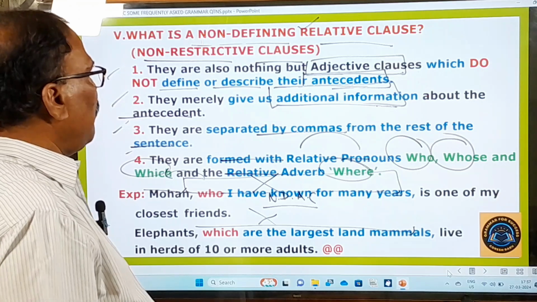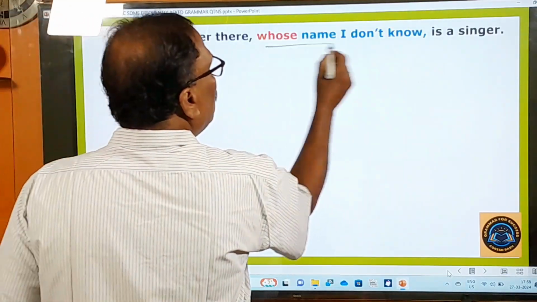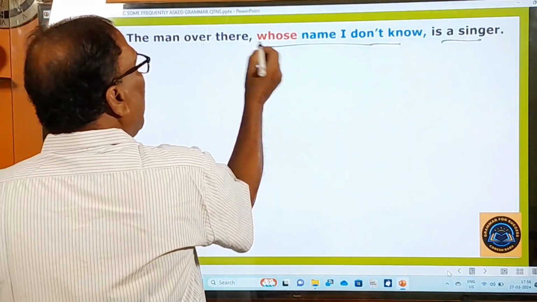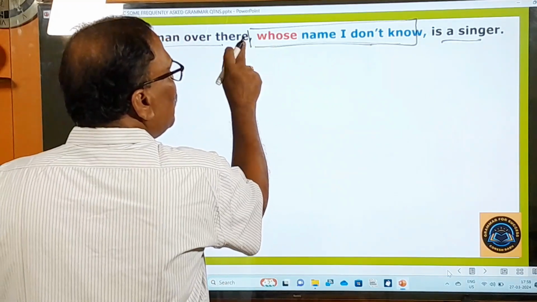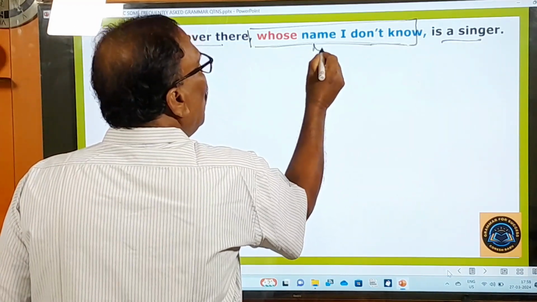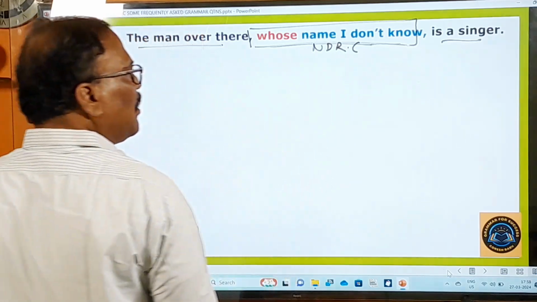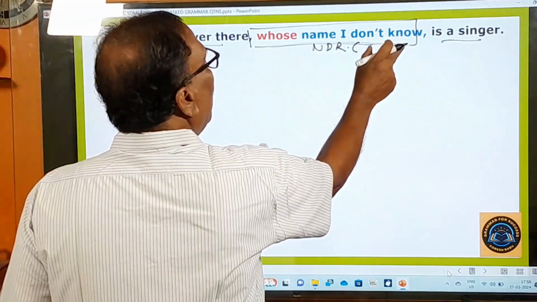I have given you some more examples so that you can understand these non-defining relative clauses thoroughly. The man over there, whose name I do not know, is a singer. See here, the man over there, you are giving some additional information separated by commas. This is a non-defining relative clause: whose name I do not know.